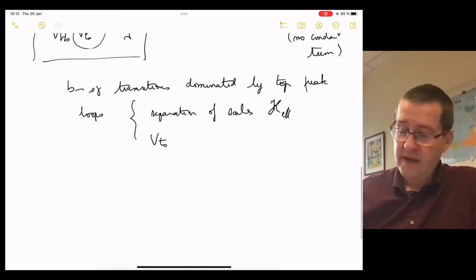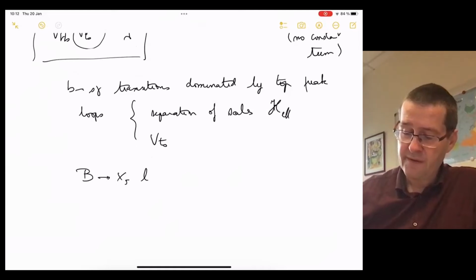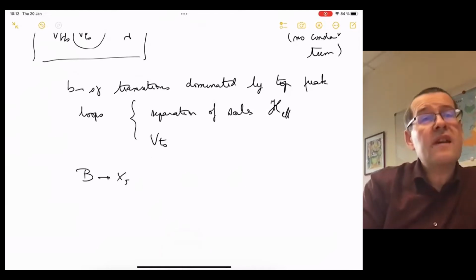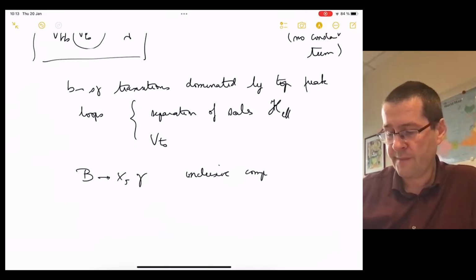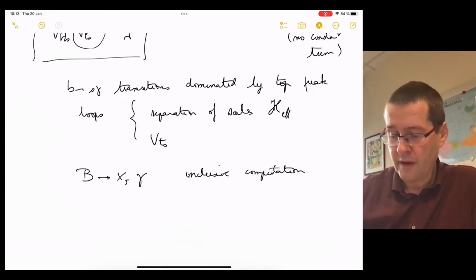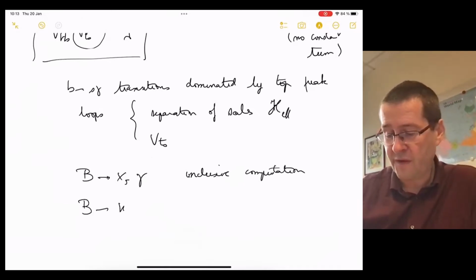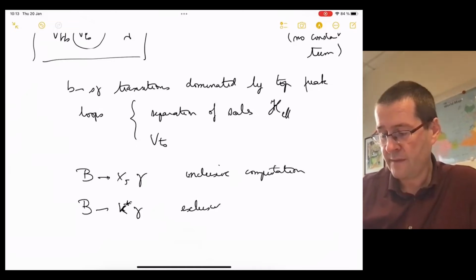And you can think exactly like in what we did before concerning B to CL nu, B to UL nu: either consider an inclusive computation, or look at specific final states, so an exclusive determination.